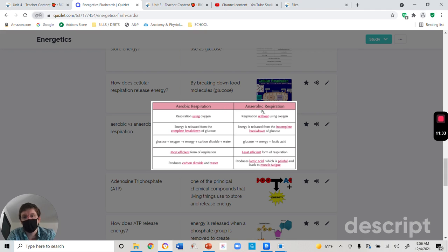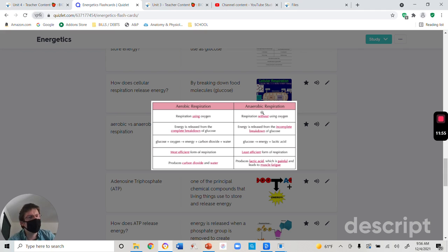Now, anaerobic respiration, this is actually part of the reason why exercising and working out sucks so much, because our body under intense physical stress cannot keep up with the oxygen demands. So we're sort of borrowing.